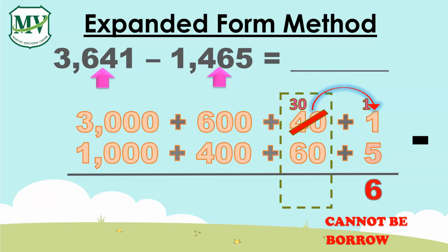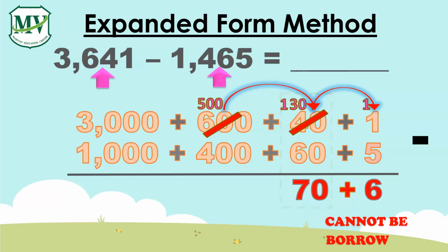Subtract the tens. 30 minus 60 cannot be. We need to borrow from the next place, hundreds. 600 becomes 500. We regroup 100 into 10 tens. 130 minus 60 is 70.